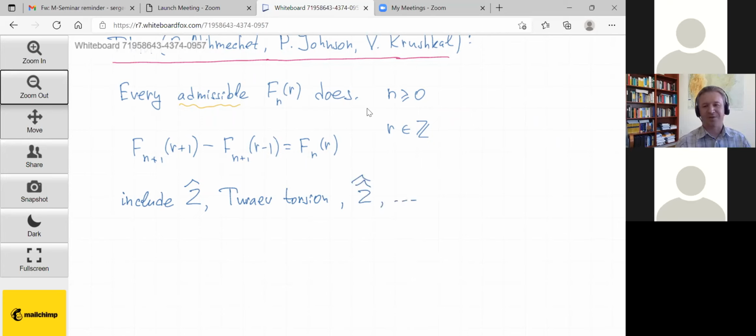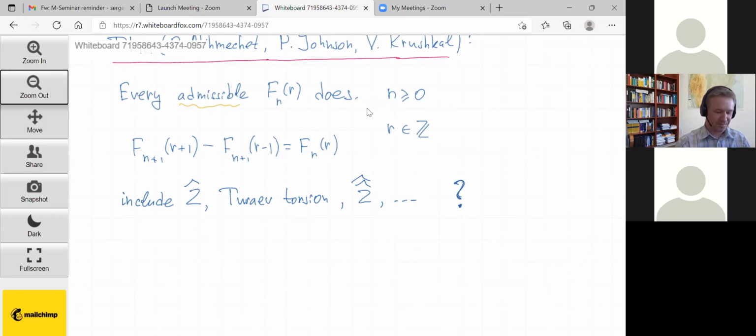Since this is a seminar or lectures supposed to introduce you to the subject, I think there is a lot of potential to play with these admissible solutions and see what kind of invariants we get. So I'll put here a big question mark, indicating that I think it's an interesting direction for further research.